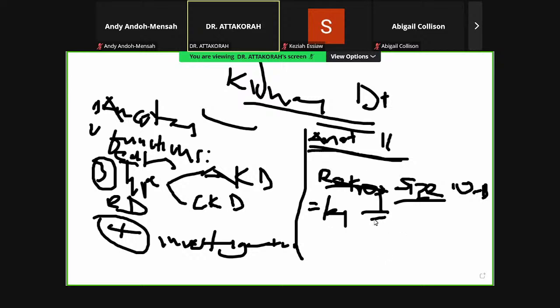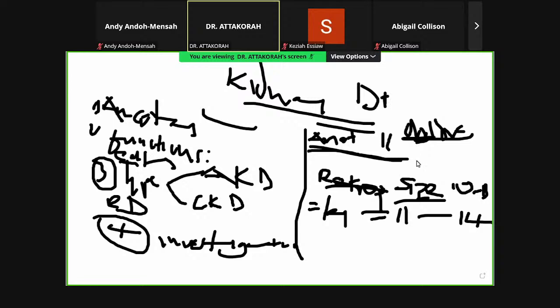So the length of the kidney ranges from 11 to 14. So check, this is for adults. Check that for children. This is for adults. So you look for the size of the kidney for children.